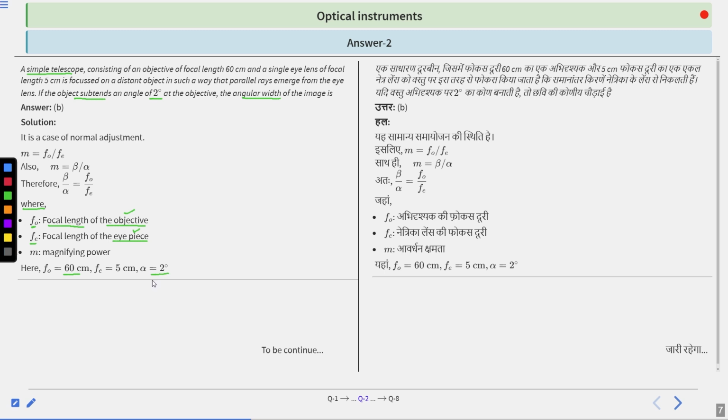Alpha means the angle the object subtends at the objective. We have to find the angular width, which means the numerical value of beta. Using simple mathematics, we will find the value of beta.